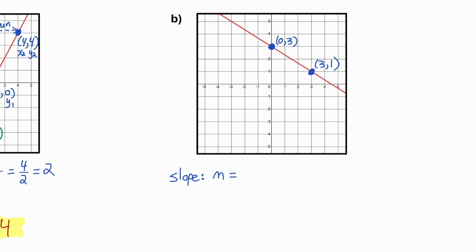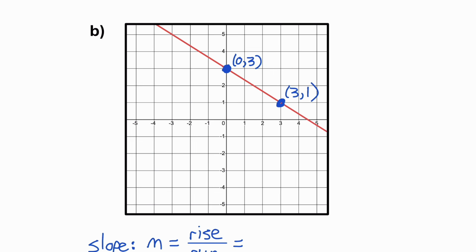Last time I did the version of the slope formula, y2 minus y1 over x2 minus x1, but I showed you that's equivalent to just counting the rise and the run, so let's just use rise over run for this one. To get from my first point to my second point, I would have to go down 2 units, and then I would have to go to the right 3 units.